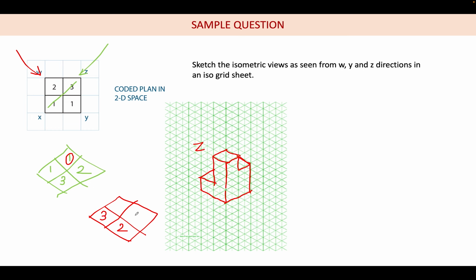So here 1 and this will be 1. I think some echo is there, so there may be issues. So for the plan, first you have to draw 2 cubes in the front, next to that 3 cubes and 1 cube on the side, and this one anyway will not be visible.